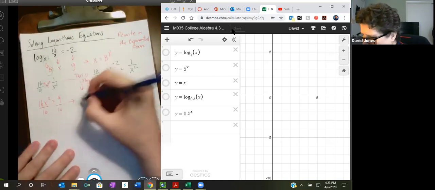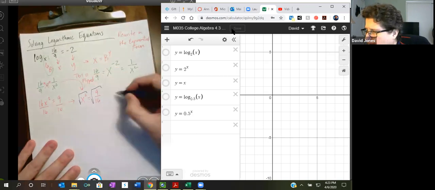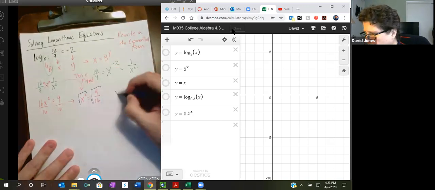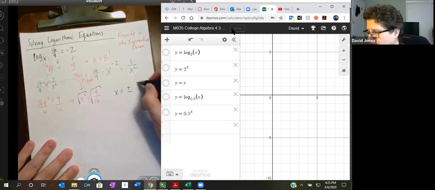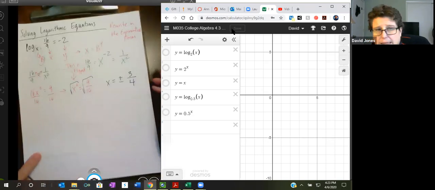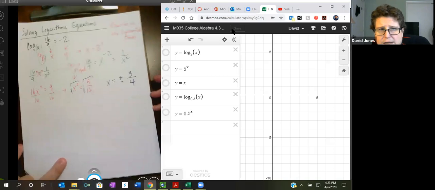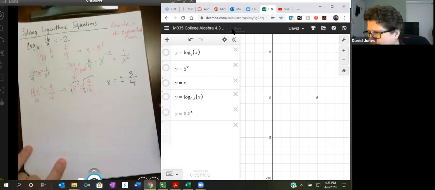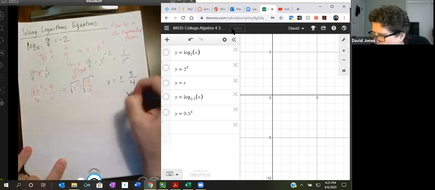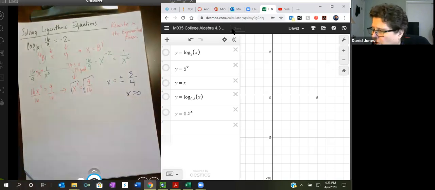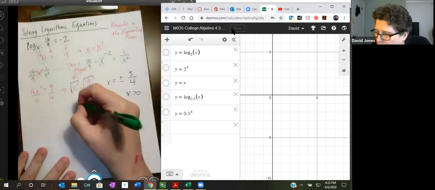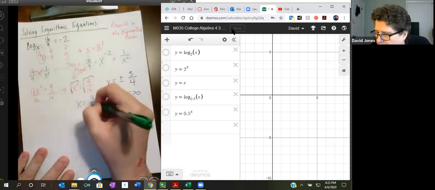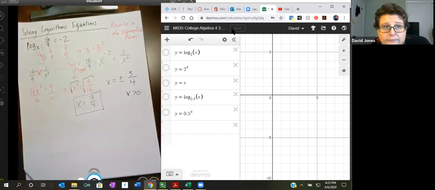We take the square root of both sides, and we get x equals plus or minus the square root of 9, which is 3, over the square root of 16, which is 4. But we had the criteria, x has to be greater than 0, which means our only answer is the positive one. x equals 3/4.